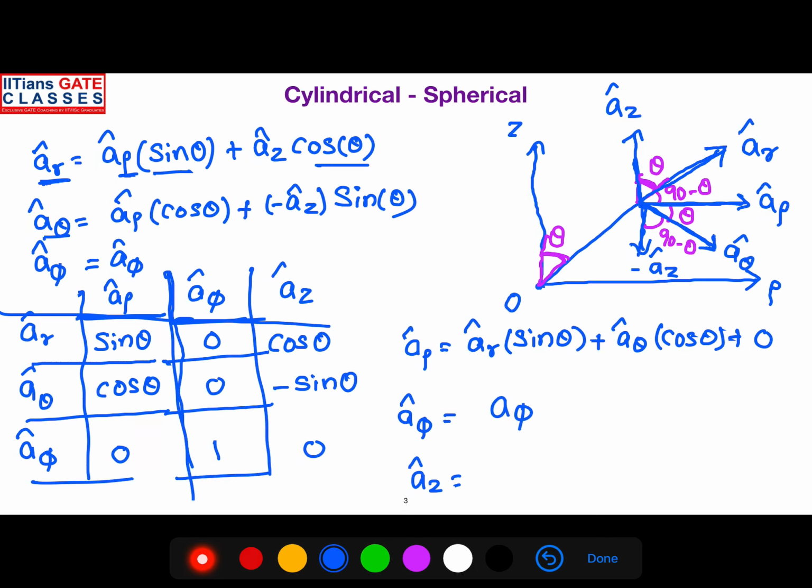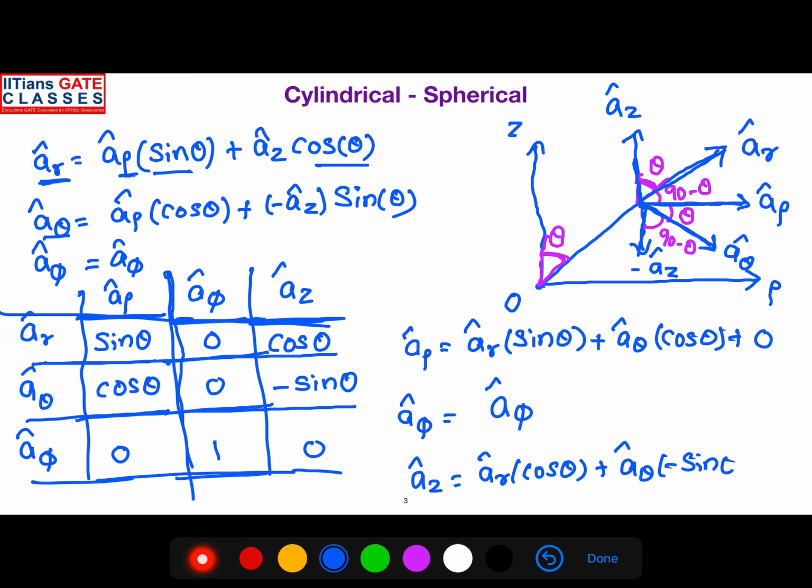So a phi is same as your a phi. And if you want to write az, you can go like this: AR into cos theta plus a theta into minus sin theta plus a phi into 0. So AR into cos theta plus a theta into minus sin theta, and there is no phi coefficient, straight away 0.